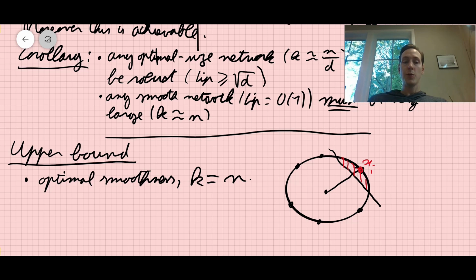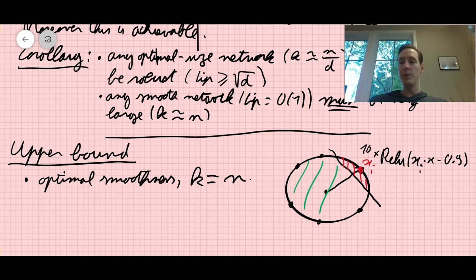Okay. So what you can do is now you can build a very simple neuron like this. You can just do ReLU of xi.x minus 0.9, and let's say 10 times this. So what is this neuron doing? You see, in this green region, which is the region where the inner product is less than 0.9, the ReLU does not activate. Okay, so the neuron does not fire on this green region.